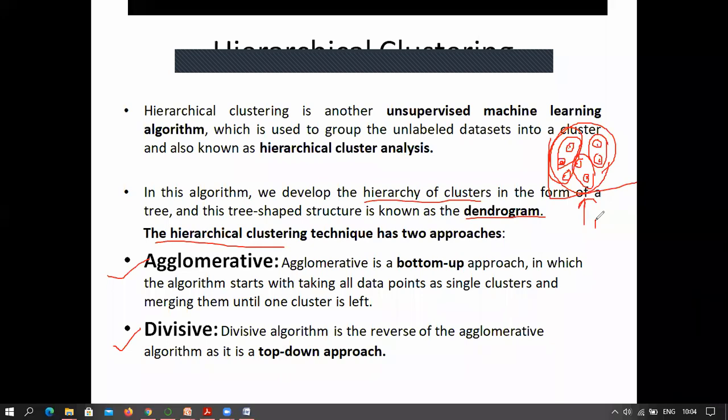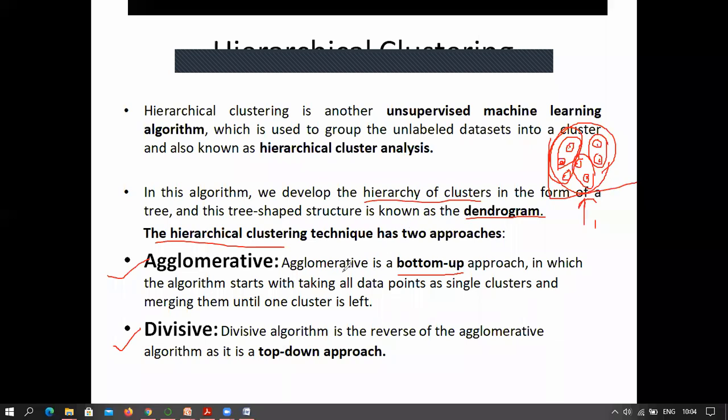But the main important thing is that this is a bottom-up approach. Why is it called bottom-up? Because initially I assumed each data point is a different cluster, and then I combine them, moving in the upward direction until I get one cluster.